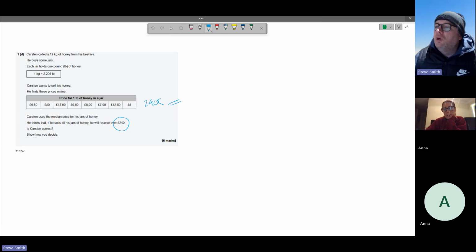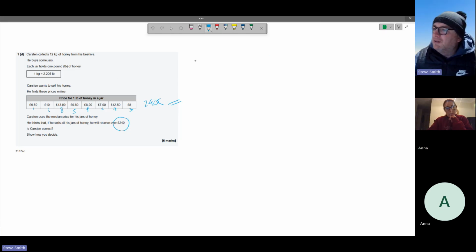Median. So we need to put these in order. Right, let's have a look. Smallest 1, 2, 3, 4, 5, 6, 7. It's always 7, so we need the fourth and fifth value again. Oh, it's not too bad though, is it?